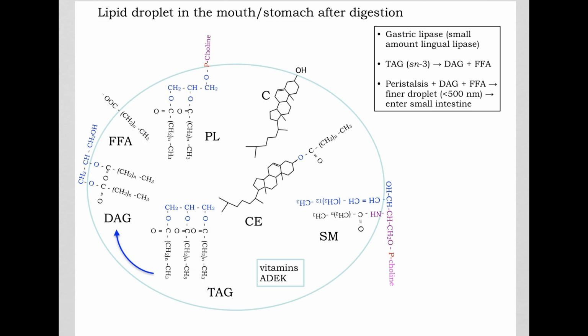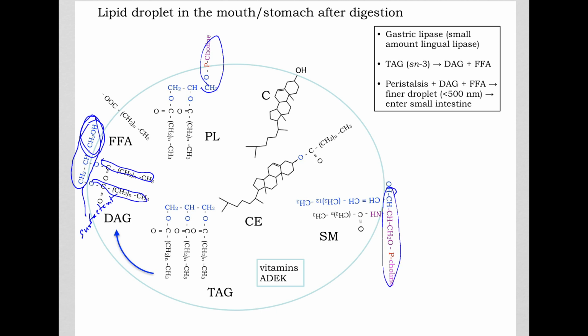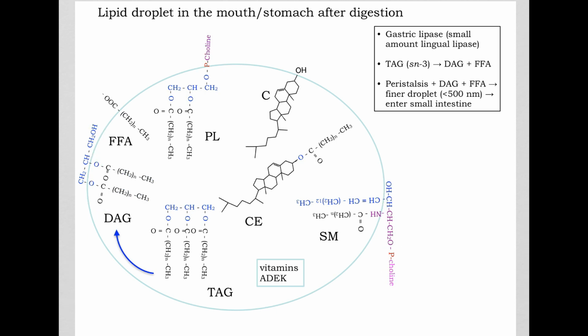So notice that this product here, diacylglycerol, we have a polar group here, and then we have the 2 tails. So this will have some surfactant properties, just like what we see here with phospholipids and what we see here with sphingomyelin.